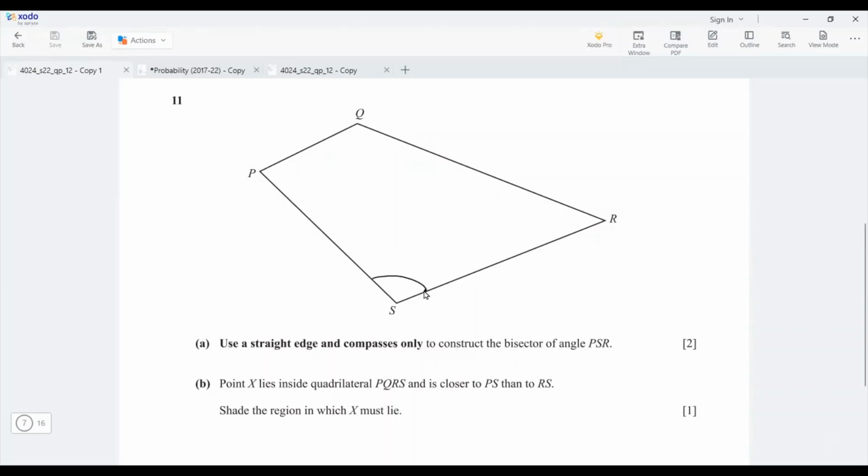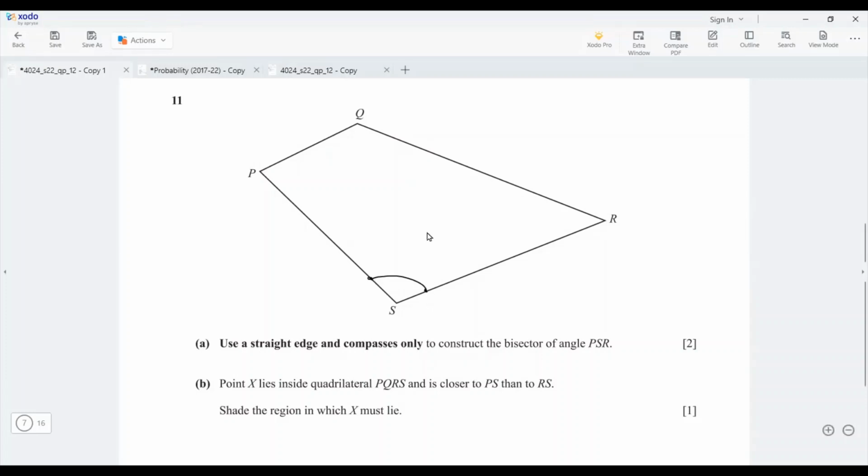So how can we construct it? There is a simple way. Draw an arc here, and then put your compasses on each edge with equal width, and draw arcs like this.